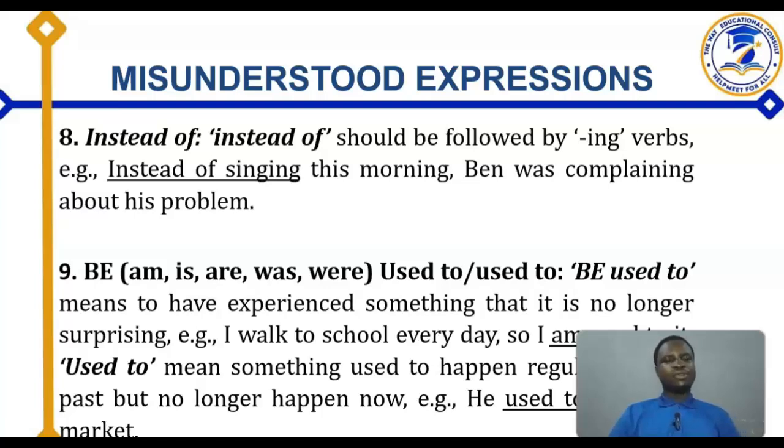Now this verb to be, when it is followed by used to, it means to experience something that is no longer surprising. That thing continues either in the present or in the past, and it is no more surprising. Just take note that it has become a habit to the point that it's no more surprising. That's the main thing about it.